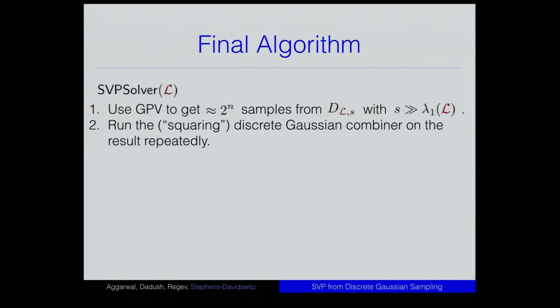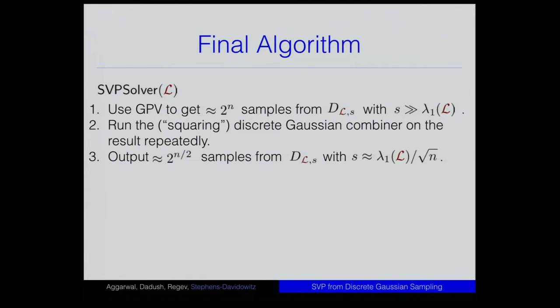We're going to take from each bucket a number of vectors proportional to the square of the size, and we're going to take averages of the resulting vectors. And then if we do this the right number of times, and again we can guess the right number of times, we get to output 2 to the n over 2 samples from the discrete Gaussian with the parameter now much lower. The proof that I just showed you shows that this is actually what we get, that we get 2 to the n over 2 samples, and that the parameter has dropped as we want it to drop.